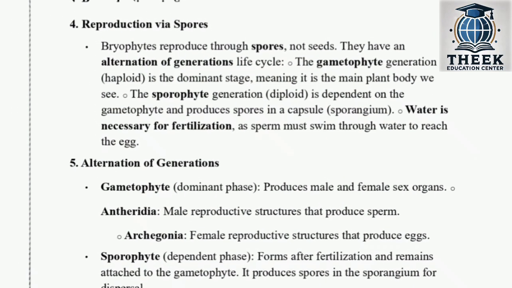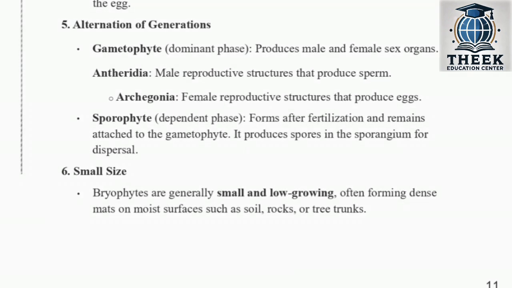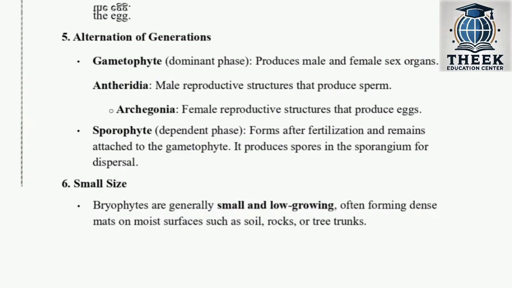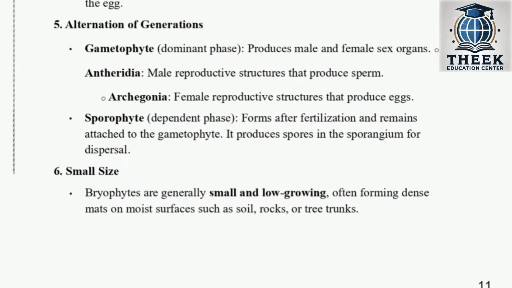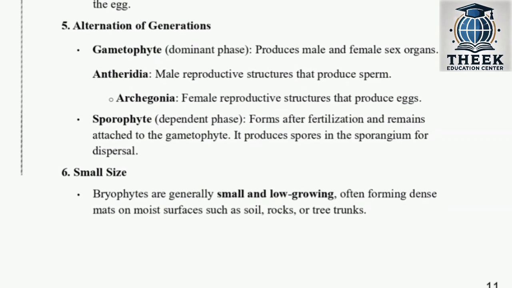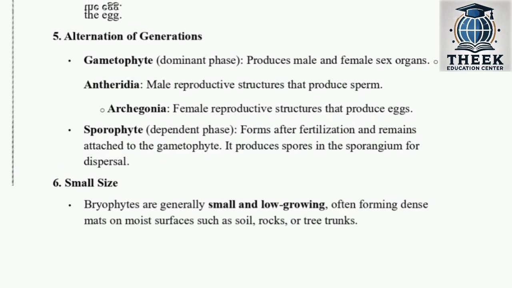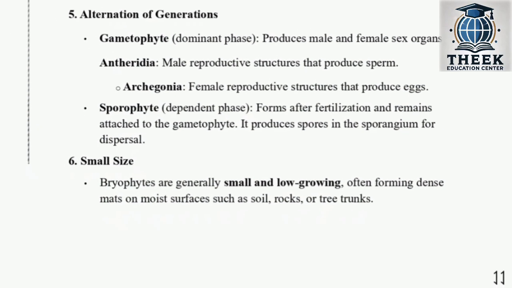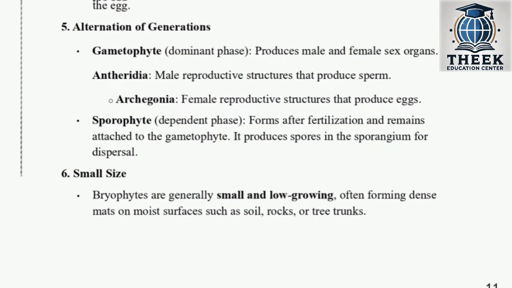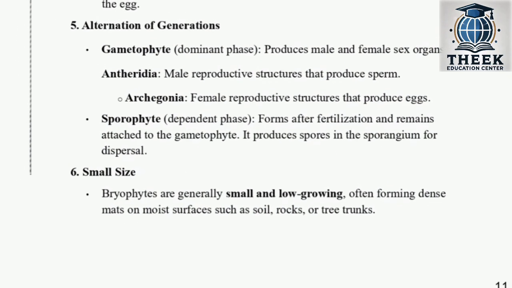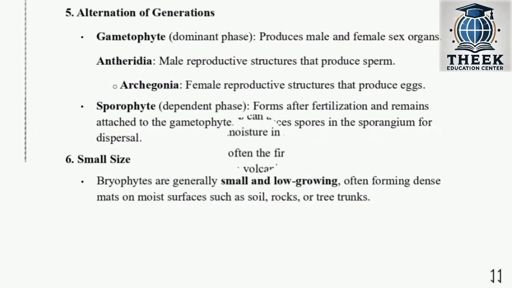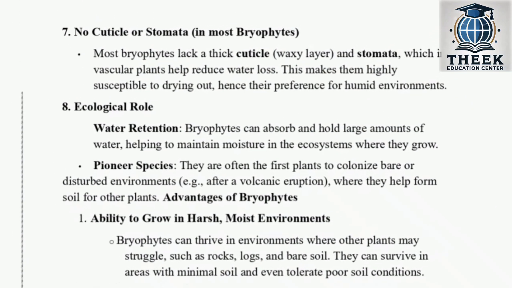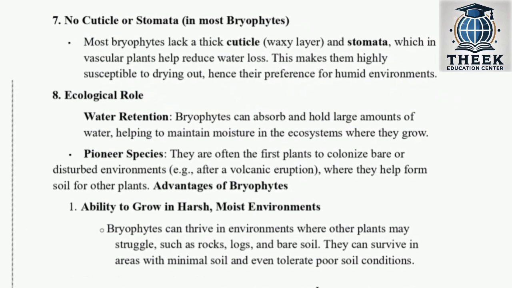Size. Here we talk about size. Bryophytes are generally small and low growing. They grow low on the ground, often forming dense mats on moist surfaces such as soil, rocks, or tree trunks. Number 7, no cuticle or stomata in most bryophytes. Most bryophytes lack a thick cuticle or waxy layer and stomata, which in vascular plants help reduce water loss.